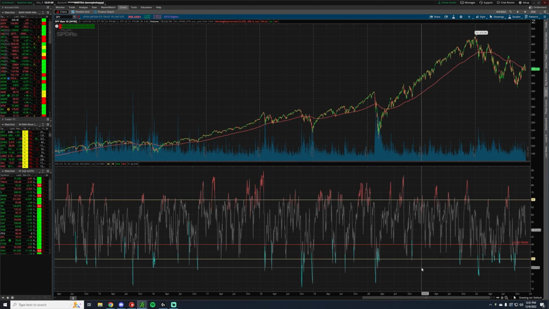So the downside to this particular strategy is that the occurrences of these trades and opportunities are very few and far between. So let's look at the data and some examples moving forward here.